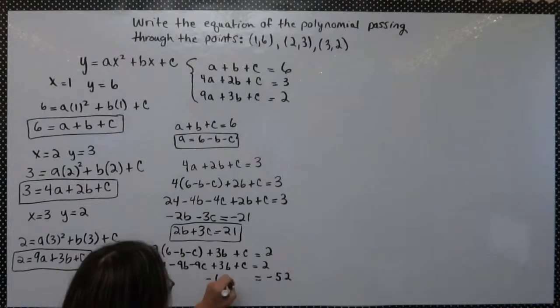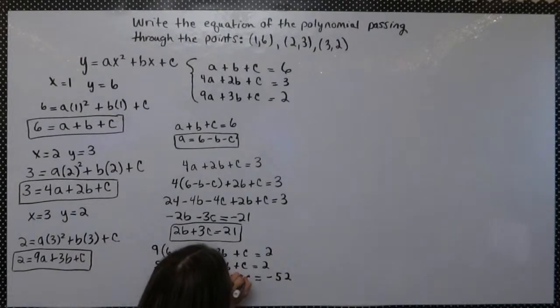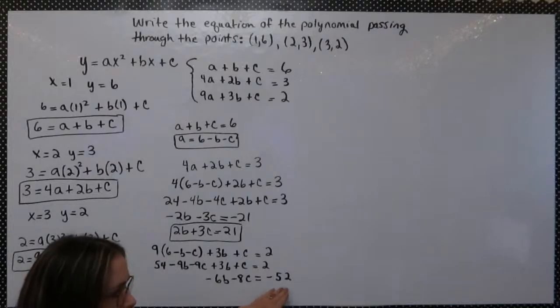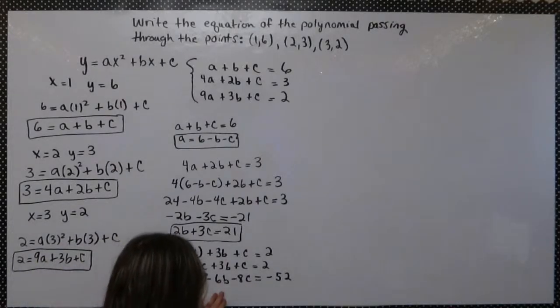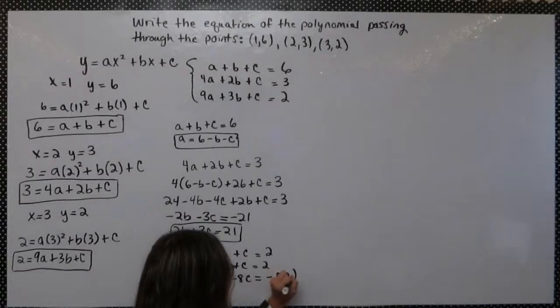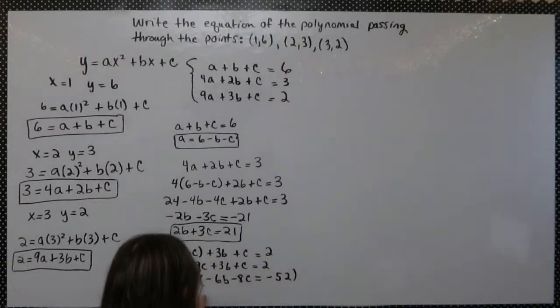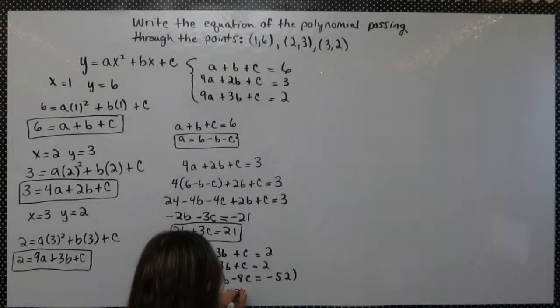And then it looks like minus 8c. And again, we're going to multiply everything by a negative 1. 2 negatives make a positive. So it's going to give me 6b plus 8c equal positive 52. Try to stay positive if I can.